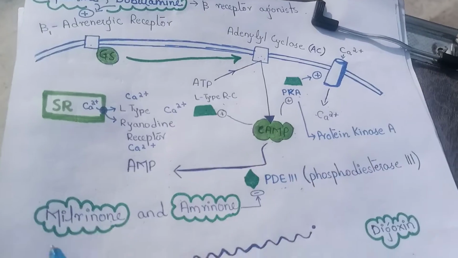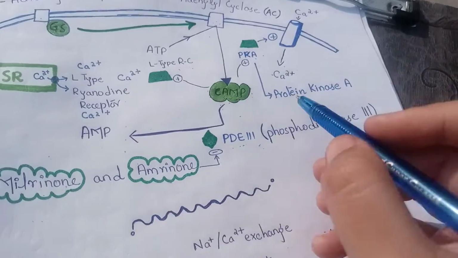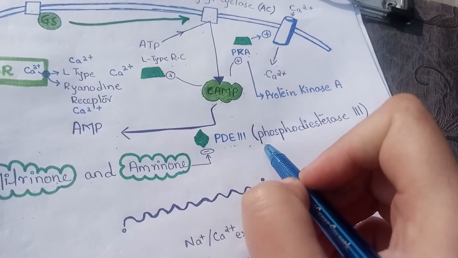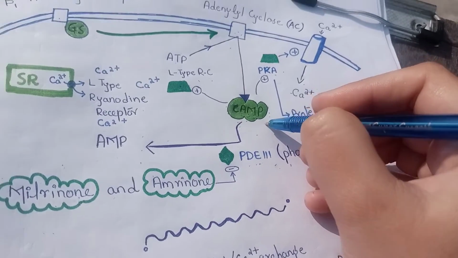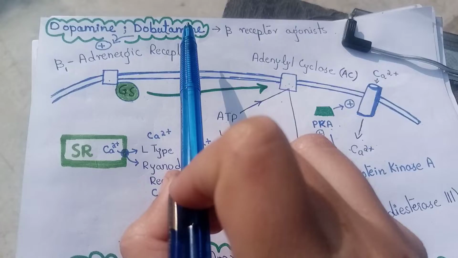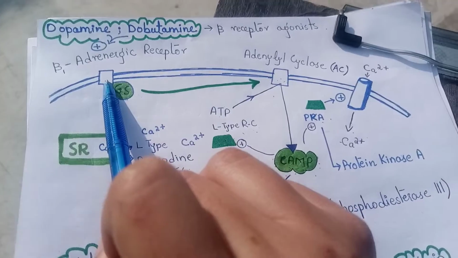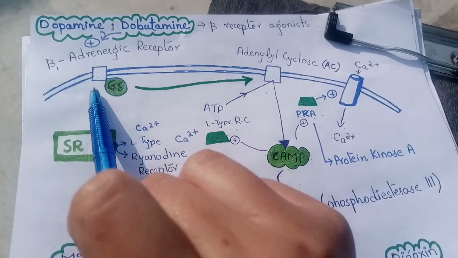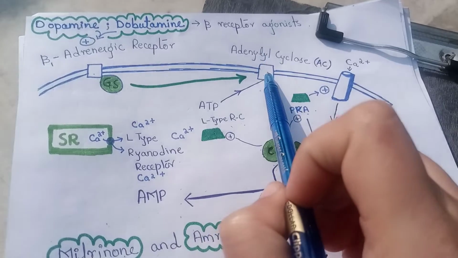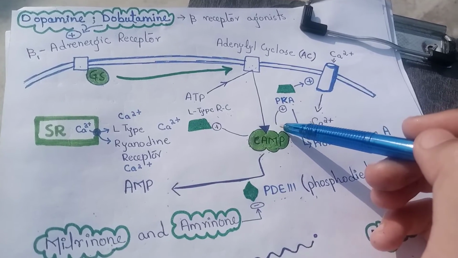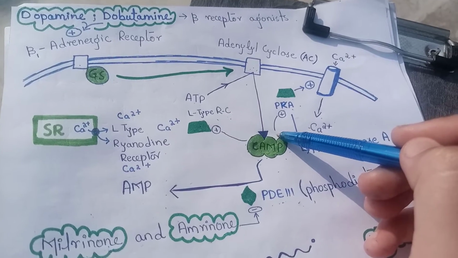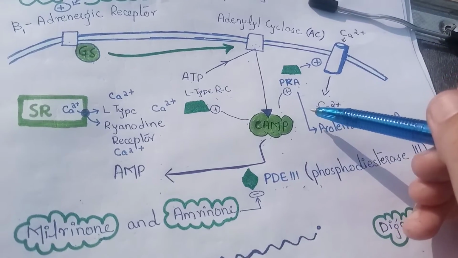So milrinone and amrinone inhibit the phosphodiesterase 3 enzyme, thus increasing the level of cAMP. And dopamine and dobutamine bind to the beta adrenergic receptor, and by activating adenylyl cyclase, lead to an increase in the cAMP level inside the cell.